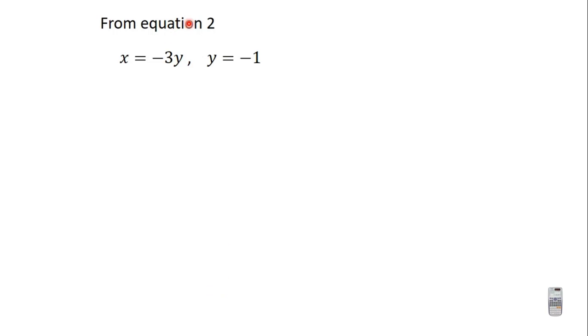But we know from equation 2 that x is equal to minus 3y. We just found y as minus 1, so we can replace y with minus 1 to find x. So x is equal to minus 3 times minus 1, and x will give us 3. So we have x is equal to 3, y is equal to minus 1.